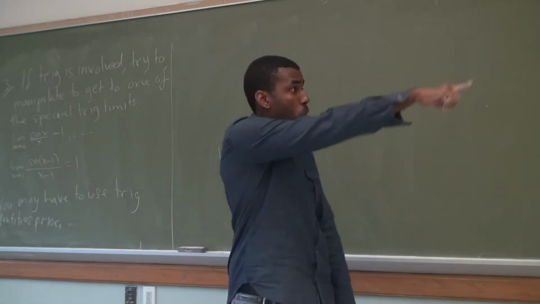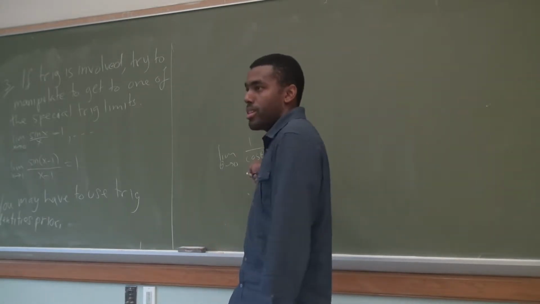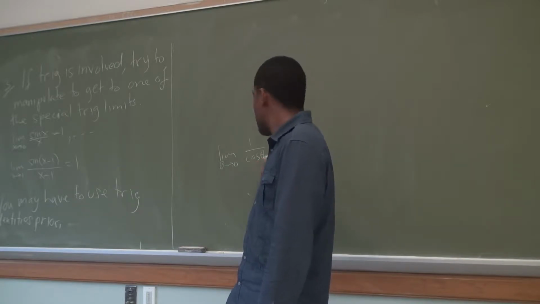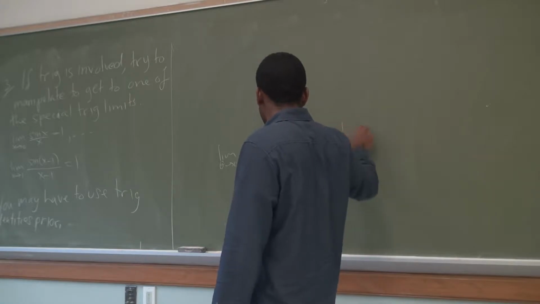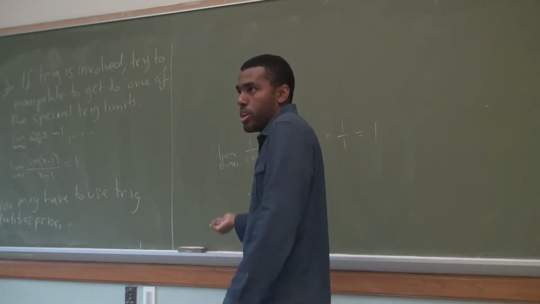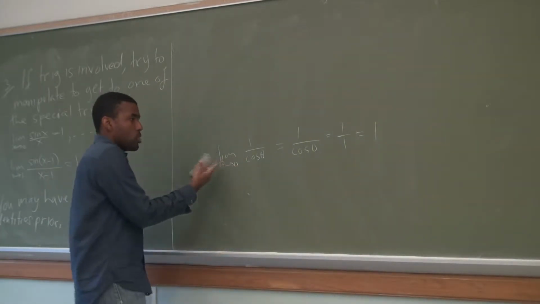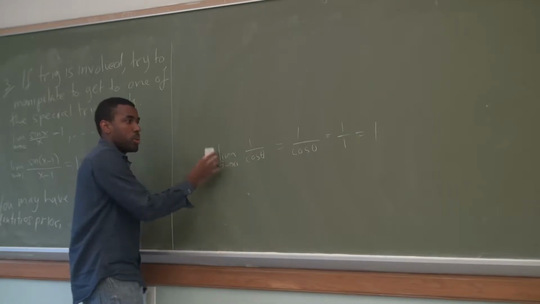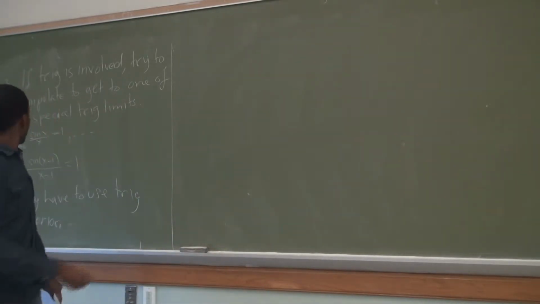This falls under case 1. I can actually plug in theta equals 0. Cosine of 0 is 1. I would just plug it in. It's covered by case 1. There's no rule to know, because it's one of those things where you just plug in.